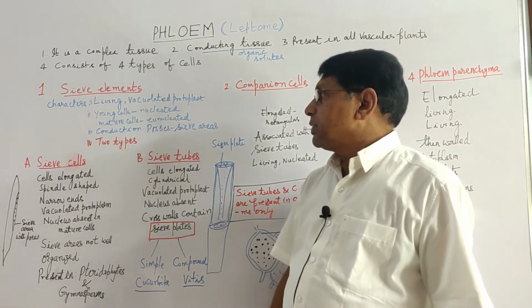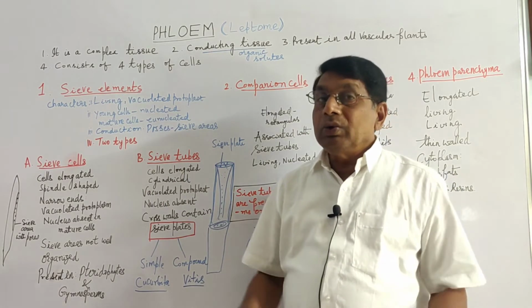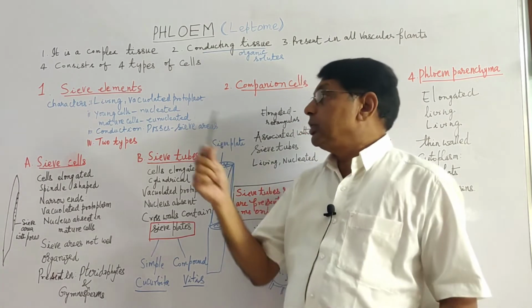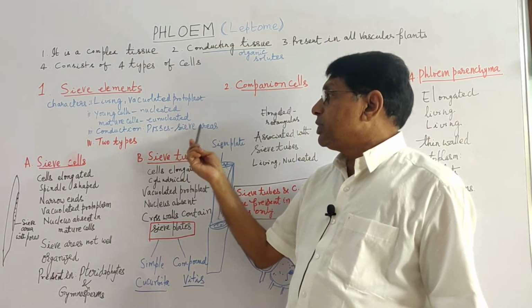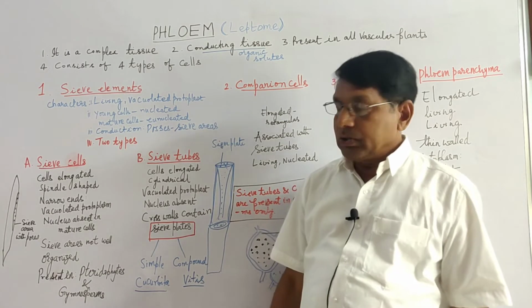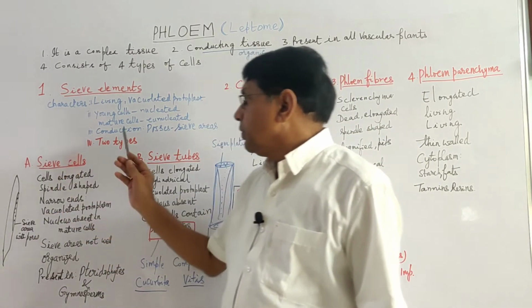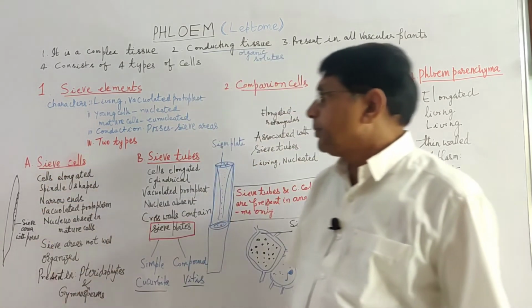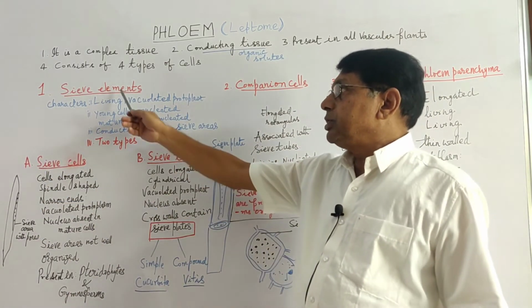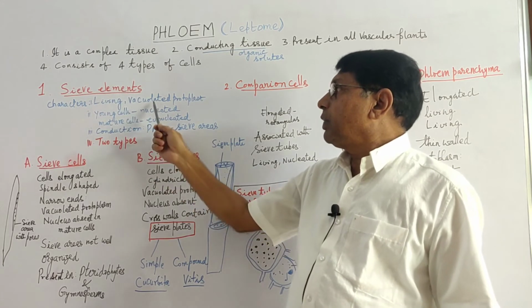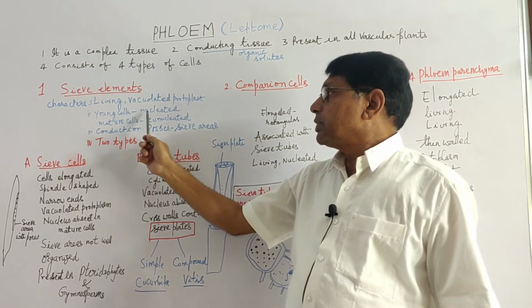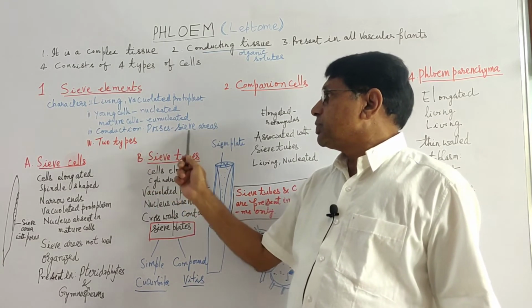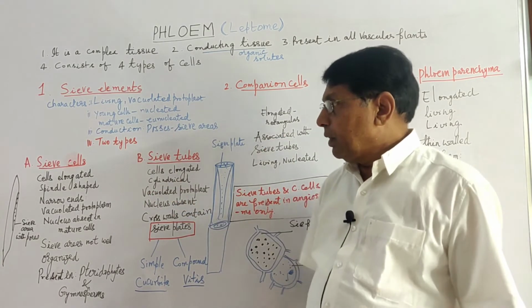Conduction is the main function. How are they able to conduct the organic solutes? Because they possess the sieve areas. So this is a sieve area. I will come to this point a little later. So sieve elements are living, vacuolated protoplast, young cells nucleated, mature cells enucleated, conduction, possess sieve areas.